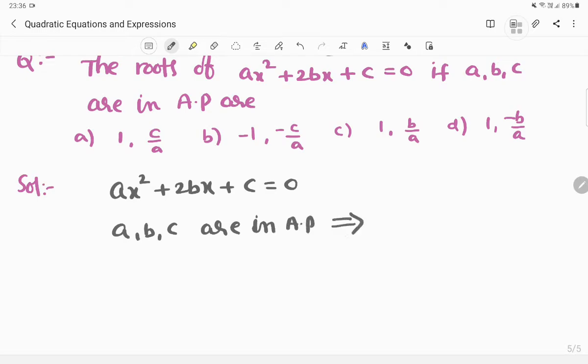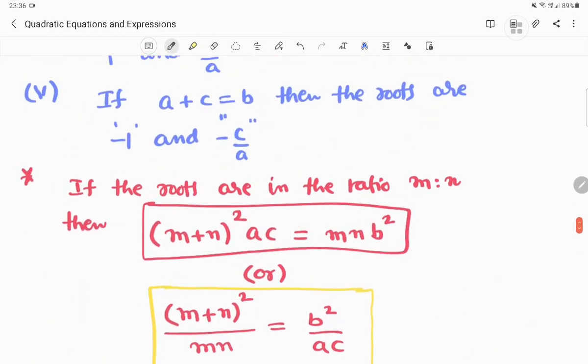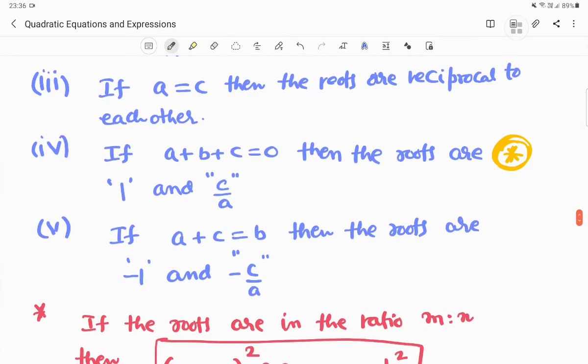Whenever a, b, c are in arithmetic progression, twice the middle is equal to the sum of the extremes: 2b is equal to a plus c. Somewhere we observed that. Just let me show that property. Here a plus c is equal to b, but in that case minus 1 and minus c by a are the roots. This property we are going to utilize here.